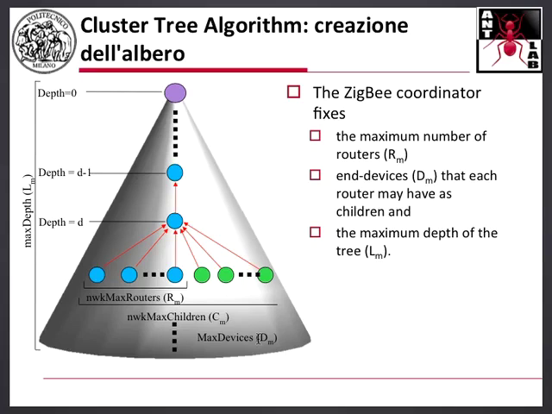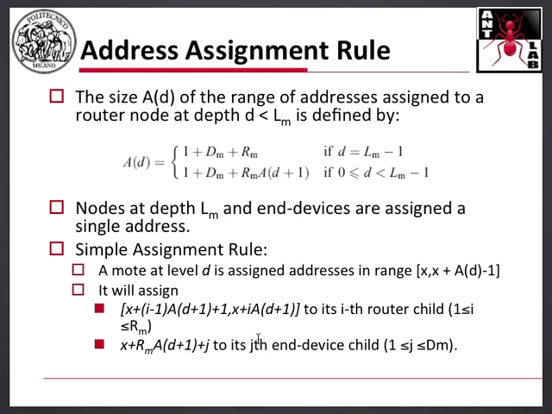Any layer in between the last layer, the leaves of the tree, and the ZigBee coordinator is composed of a number of network nodes, ZigBee routers, which cannot be above Rm, and a number of end devices which cannot be above Dm. That's the parameters which define the tree topology. So let's see how addressing works.